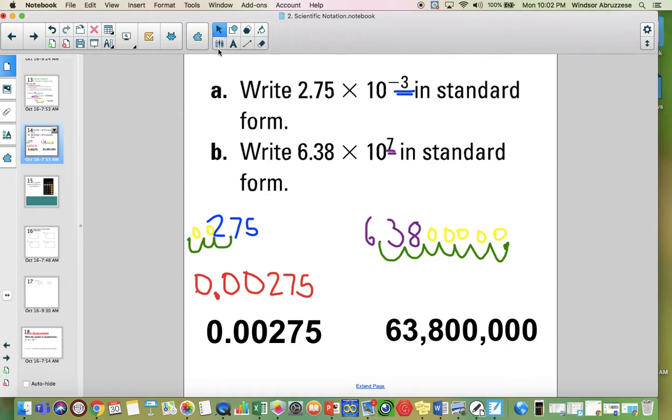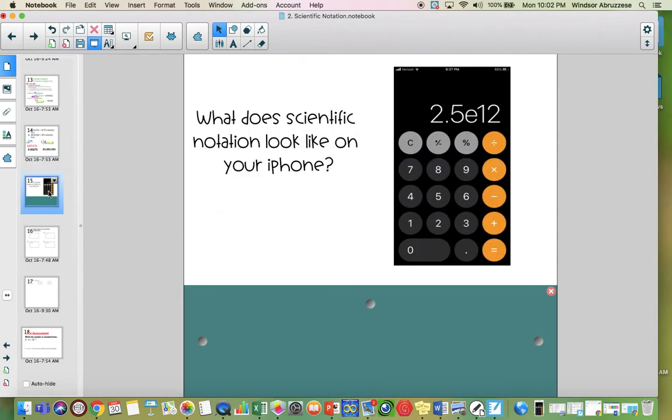And then even this one, if I'm here, 1, 2, 3, 4, 5, 6, 7, because again, you want a number between 1 and 10. So this last one is 63,800,000.